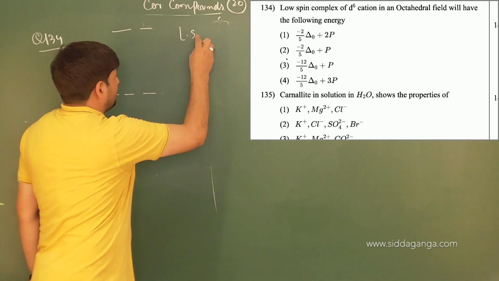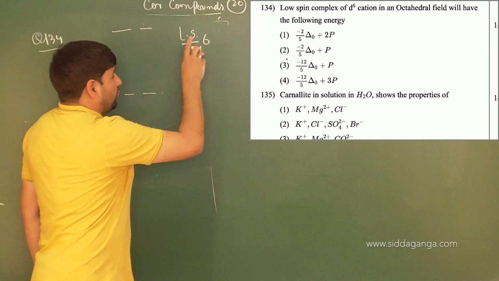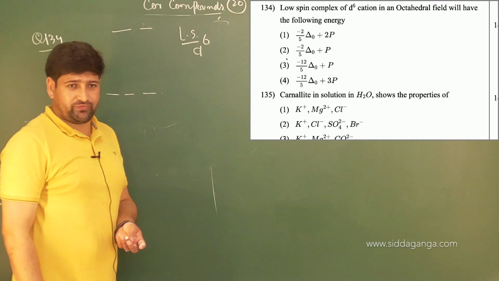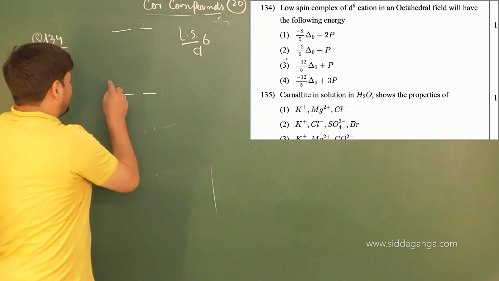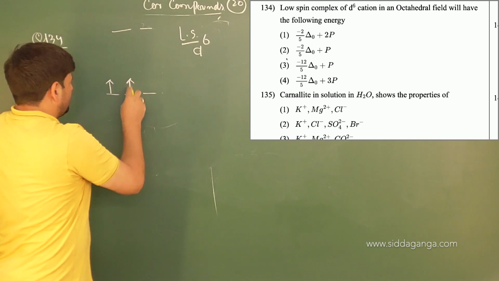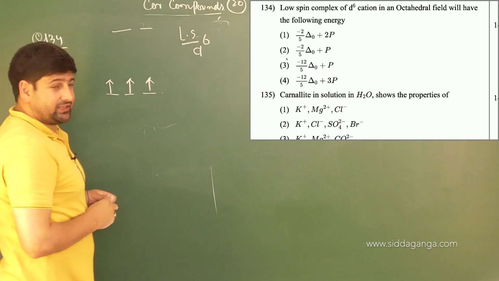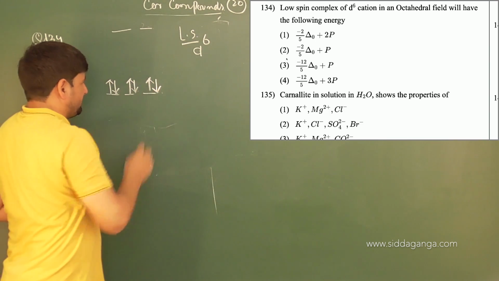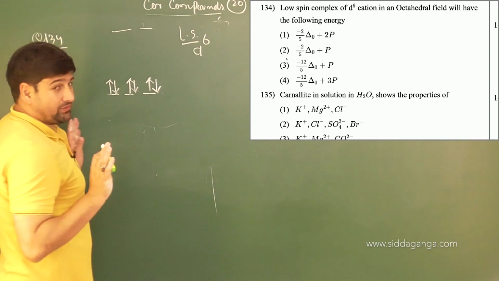low spin d6. Low spin unpaired electrons will be very less. Low spin complexes are usually accompanied in a strong field system. So d6 configuration will mean 1, 2, 3, right? Then we'll have 4, 5, 6. Means all the electrons will pair up.